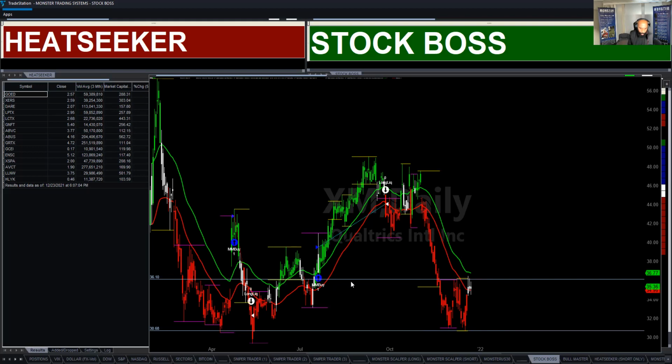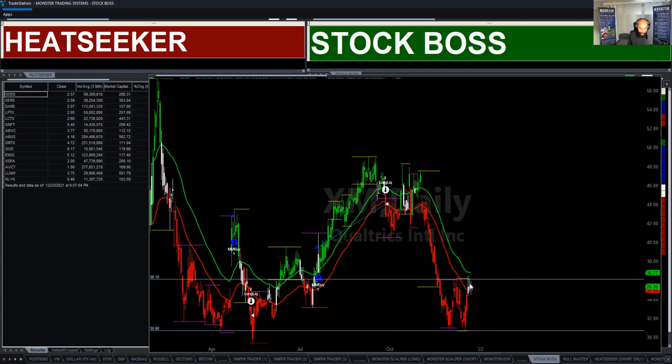These lines are support and resistance. Resistance is your barrier for price. And we need price to break resistance in order to buy. Kind of like here: it broke resistance and we bought here.